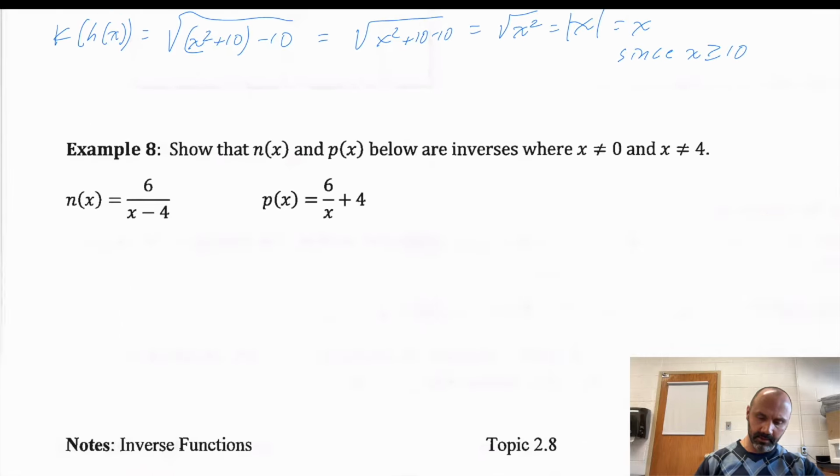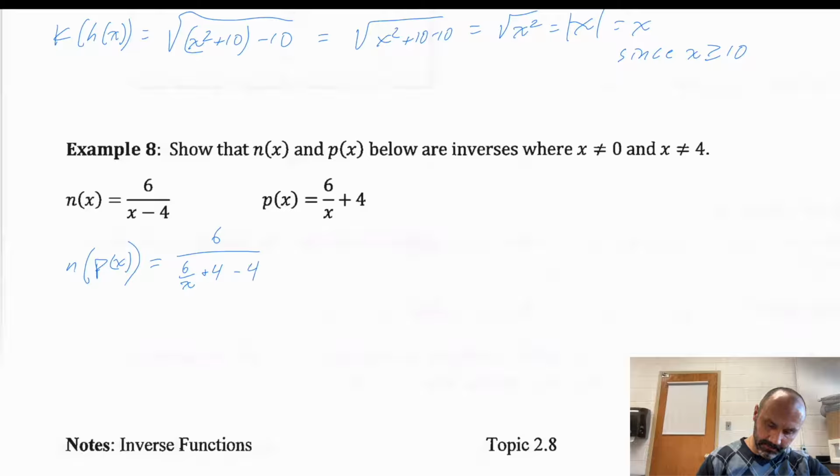So now example 8. Again, n of x and p of x, show that they're inverses as long as x is not 0 and x is not 4. So for n of p of x, this is going to look like 6 over, instead of x, I write 6 over x plus 4 minus 4.